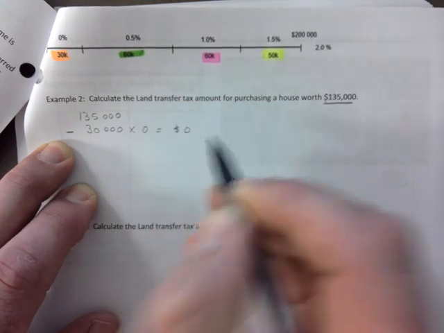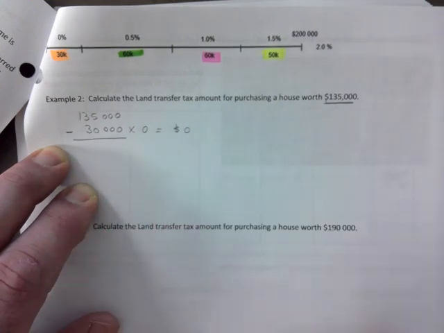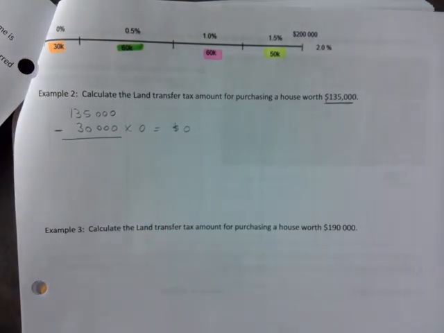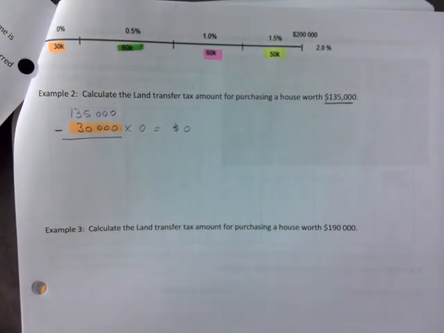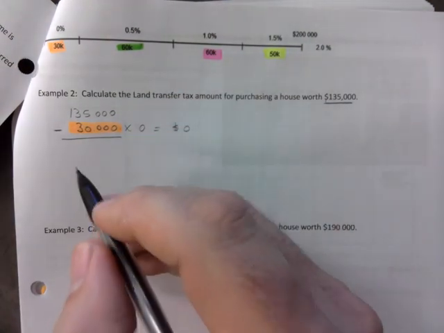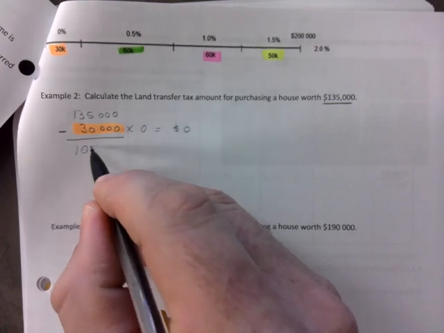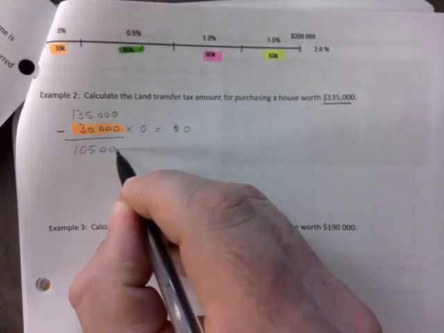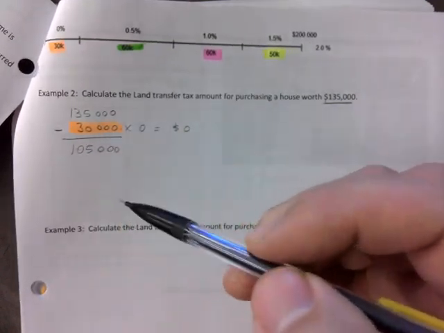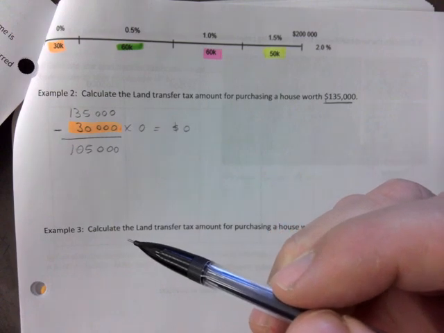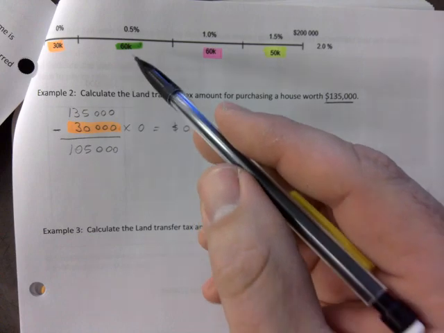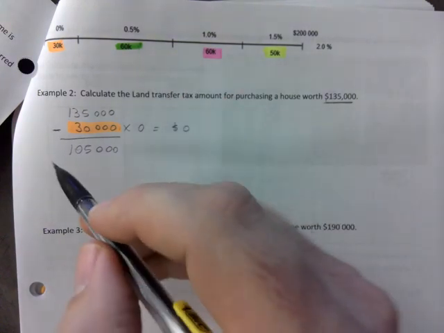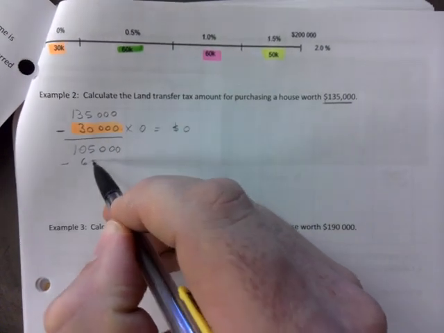That is just $0. Mental math, we're left with 105. We're not going to make it through all the brackets, so we're going to have to stop. The next bracket is 60 grand, so we go minus 60 because we still can.